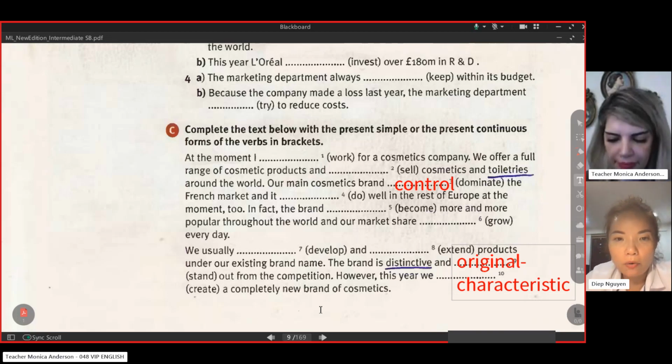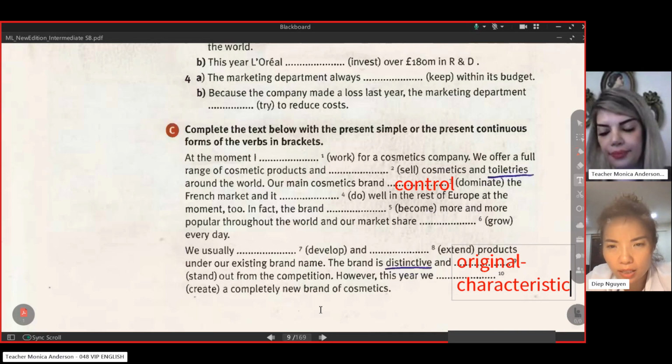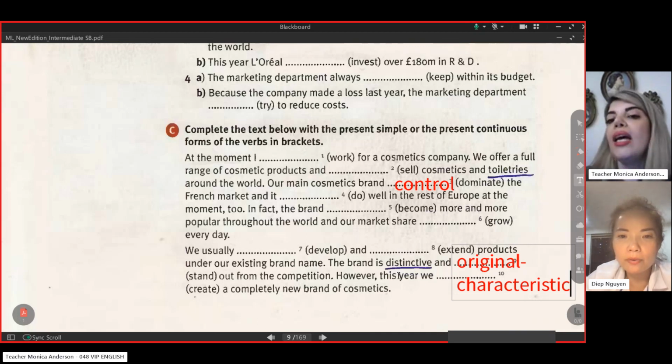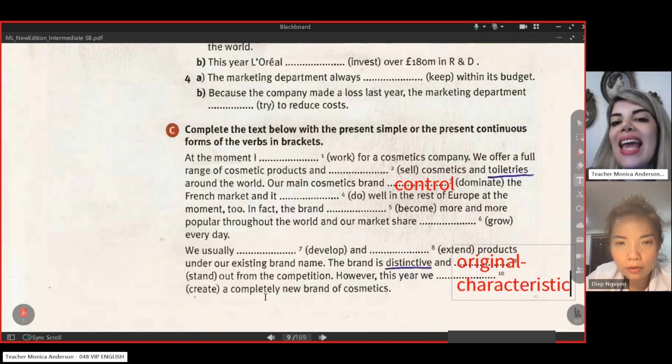The brand is distinctive and standing out. You say standing out. So the brand is distinct and original and stands out.